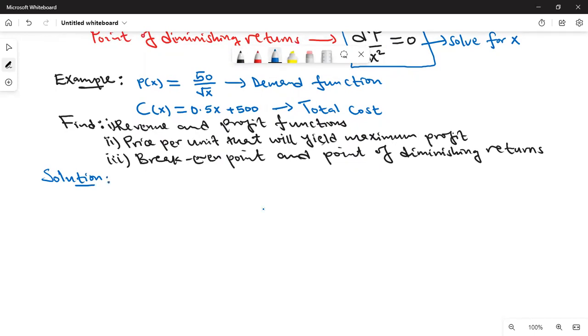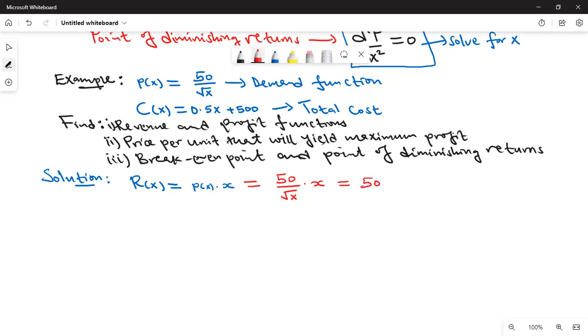We know that revenue function R of X is equal to the price per unit, that's P of X, times the number of units produced, that is X. So this is equal to price per unit, which is 50 over root X, times X. 50 over root X times X is the same as 50 times X over root X. X over root X, when you apply the laws of indices, you are going to get 50 root X.